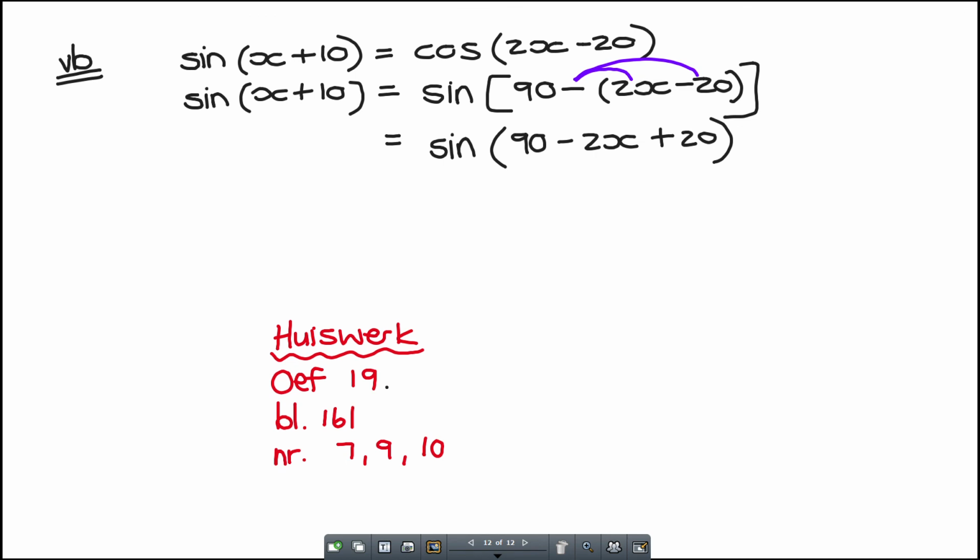En daai deel in die hakkie, you've got to go and simplify that bracket because you don't want to end up with that whole thing. So I'm going to say that is then sine, en in plaas van 90, moet ek nou sê 90 plus 20, so 110 minus 2x. And then that 110 minus 2x will be what you carry on with. Okay, so just remember about the step in between when you use the 90 rule.